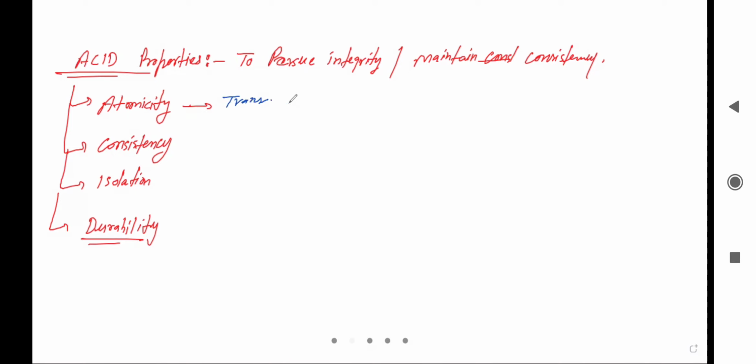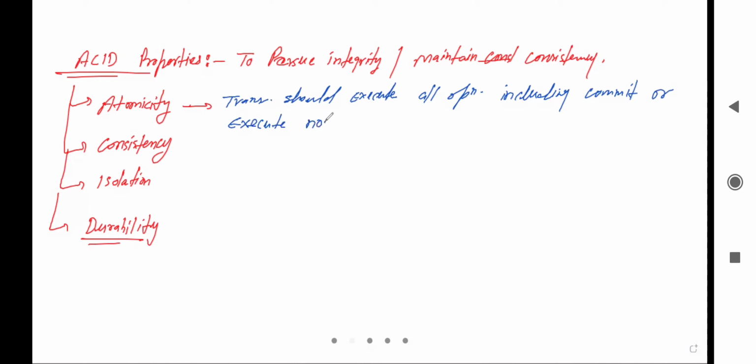Transaction should execute all operations including commit or execute none of them.